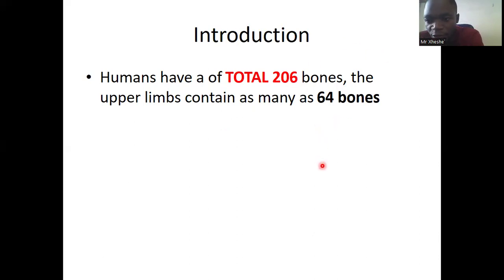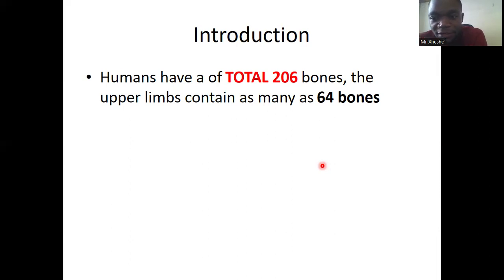So much of the bones of the human skeleton are allocated to the limbs, upper limbs and lower limbs. So upper limbs are used for manipulating things, writing, touching, cooking, mainly simply manipulation. Lower limbs are associated with mobility.